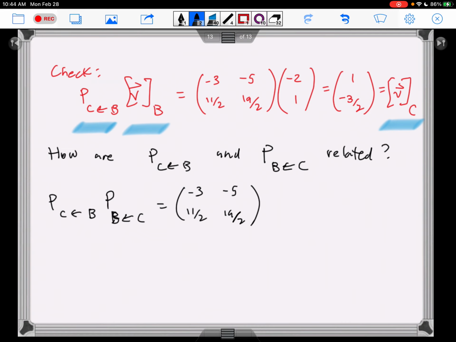What happens if we take that matrix and multiply it by the other matrix we had, -19 halves, 11 over 2, -5 and 3? I think those were the two that we ended up with, right?